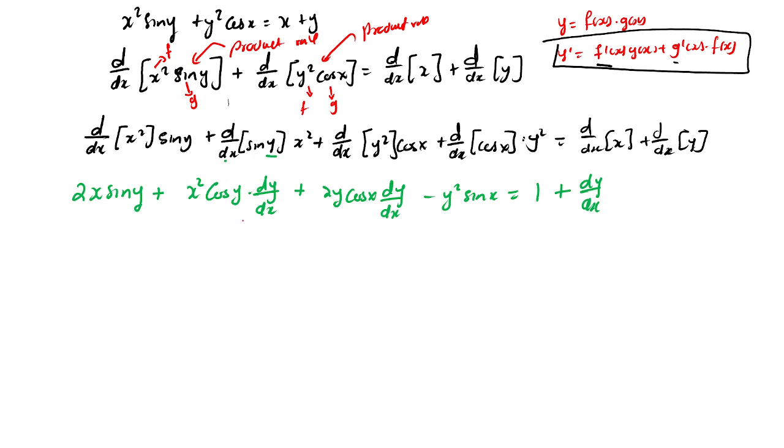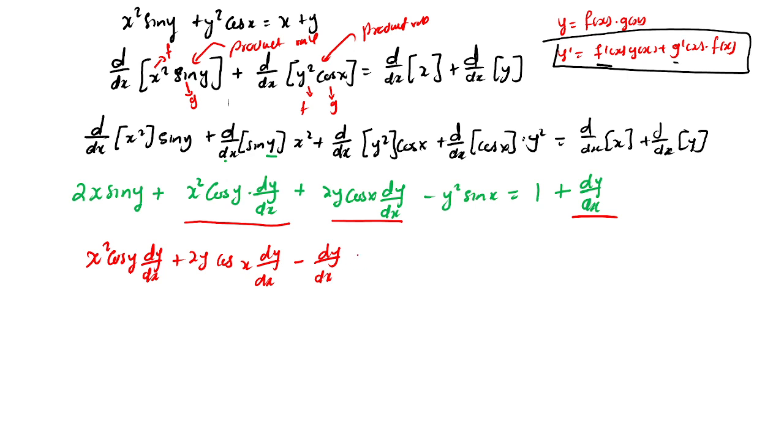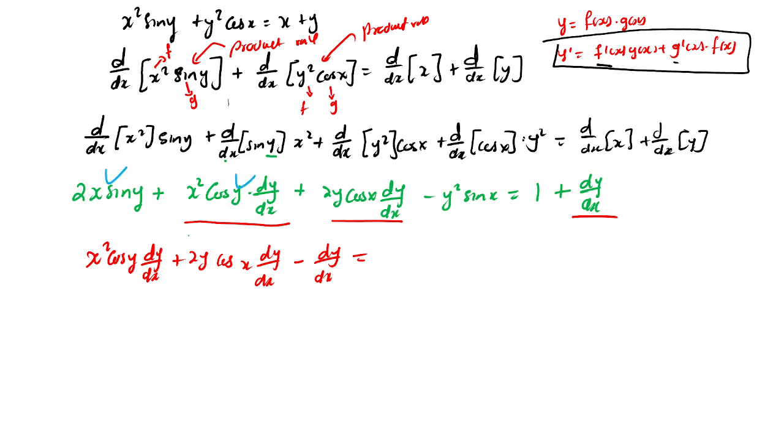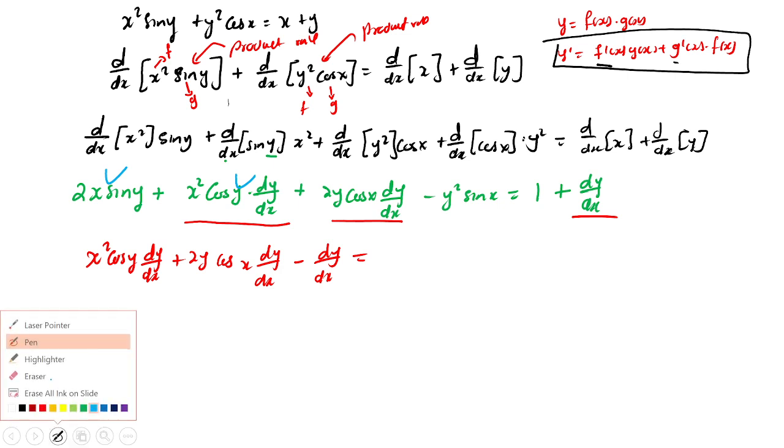So what we're going to do now, all the terms that have dy over dx are going to go to the left hand side, meaning that I'm going to be left with x squared cos of y dy over dx, right? Plus 2y cos of x dy over dx minus dy over dx is equal to all these other terms.